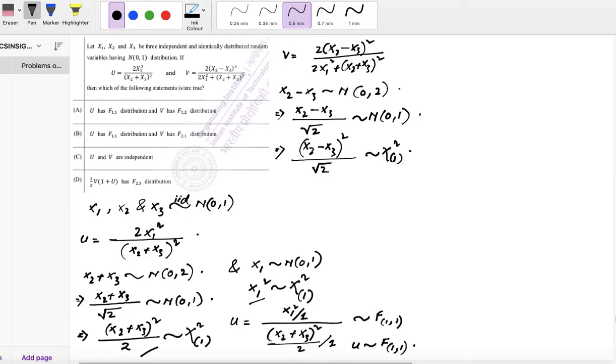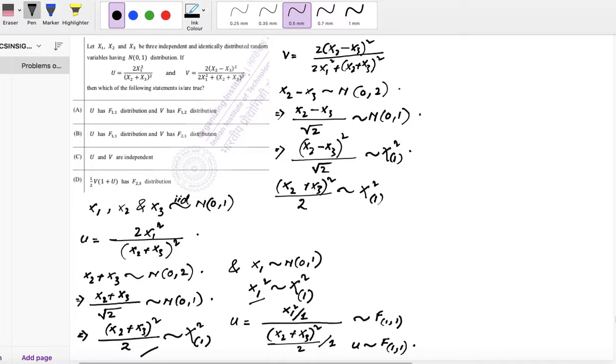Fine. Now again we are given x2 plus x3. There we have done that x2 plus x3 would follow this one, and if we standardize it, or scale it, x2 plus x3 whole square by 2 would follow chi-square with 1 degree of freedom.